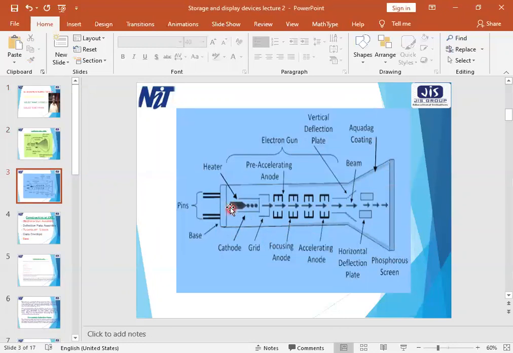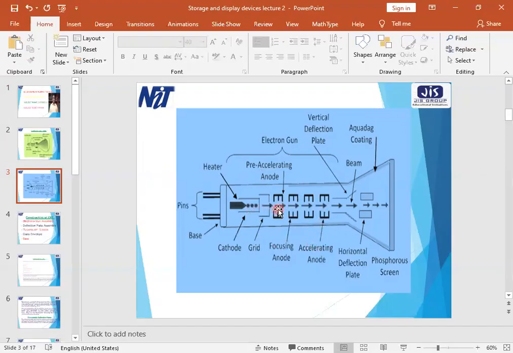This is the filament, which is heated, so it is called the heater, enclosed by the cathode, and in the vicinity of the cathode there is a grid. Then there are the pre-accelerating anode, the focusing anode, and the accelerating anode.